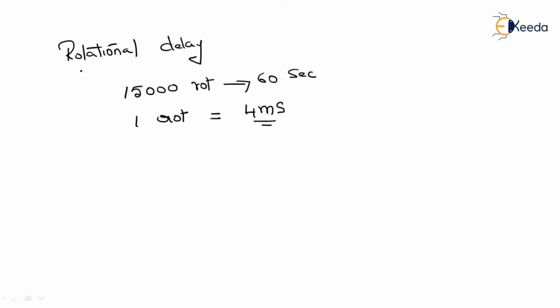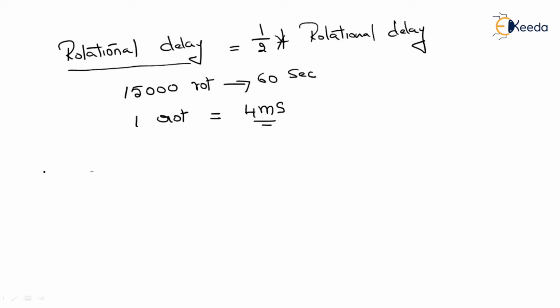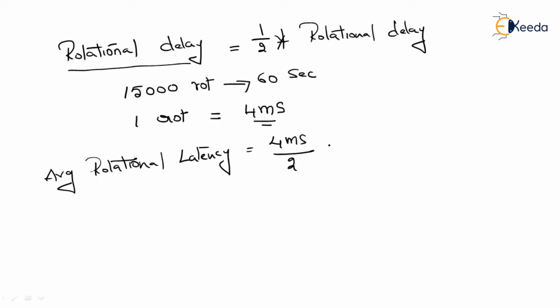You know that average rotational latency is equal to half into rotational delay. So the average rotational latency or delay is equal to 4 milliseconds by 2, which is equal to 2 milliseconds.